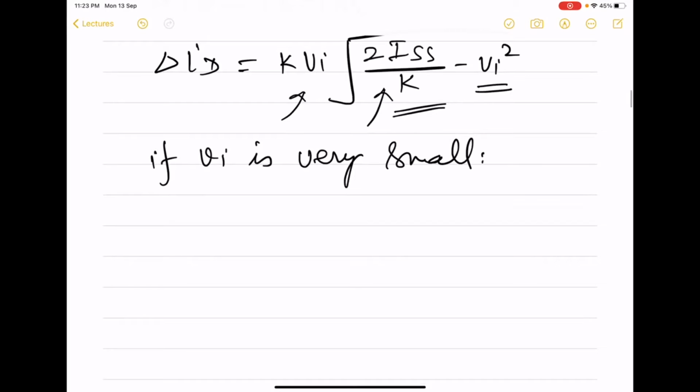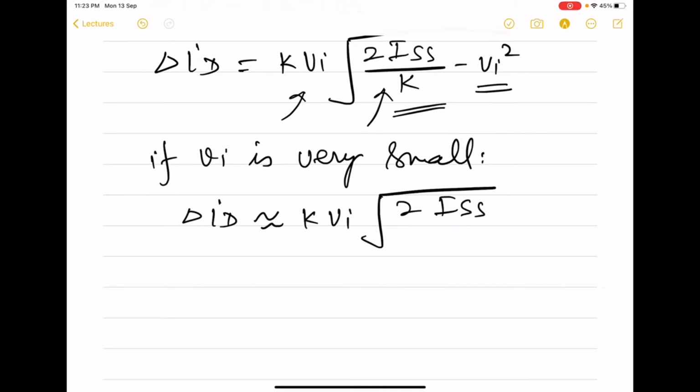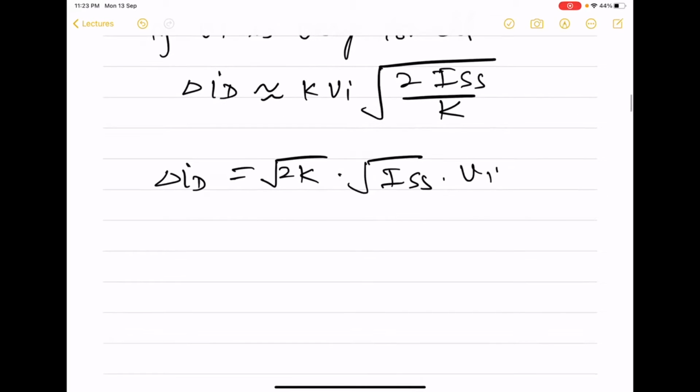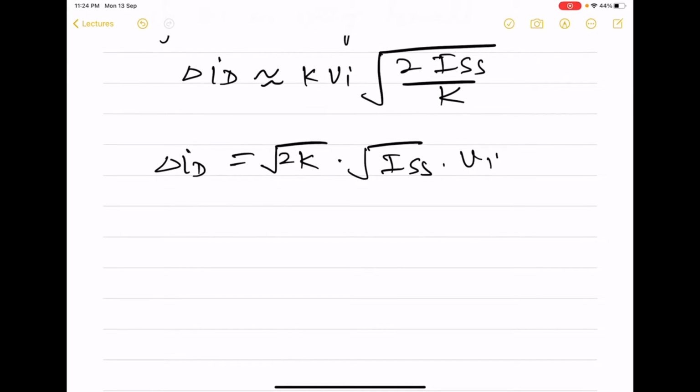So in that case, the above equation can be approximated as ID approximated to K Vi into square root of 2 ISS by K. And this can be rewritten as 2K square root into square root of ISS into Vi. So we see that final output current is product of two quantities, ISS and Vi.